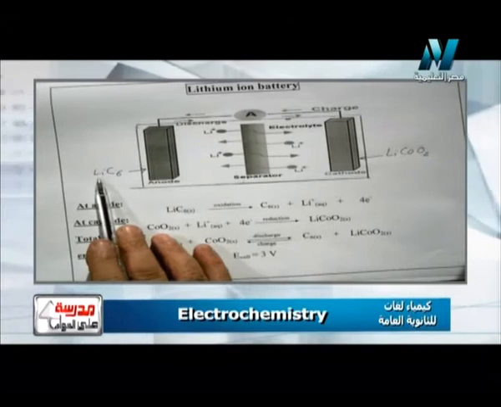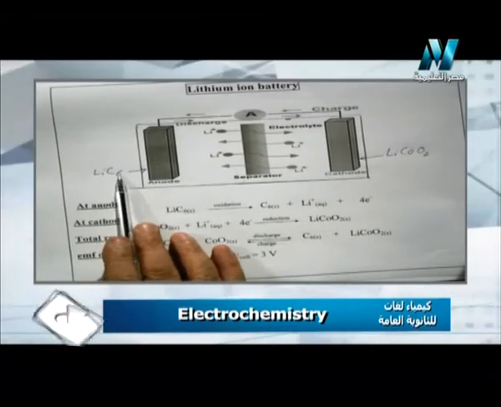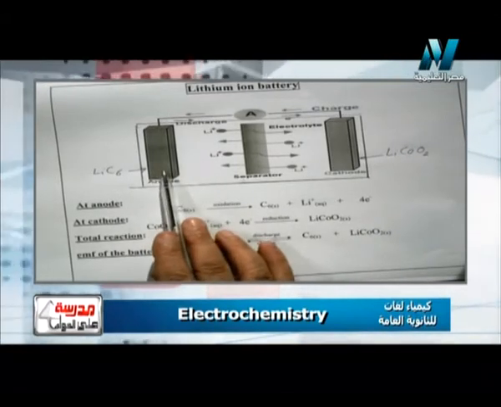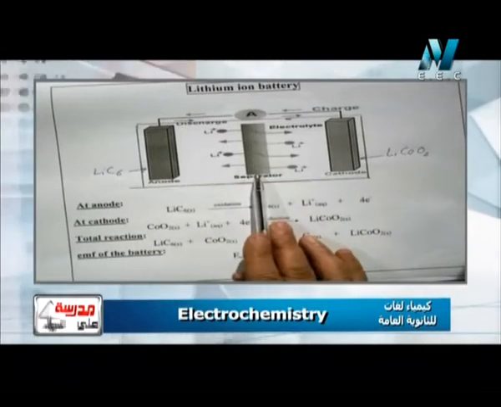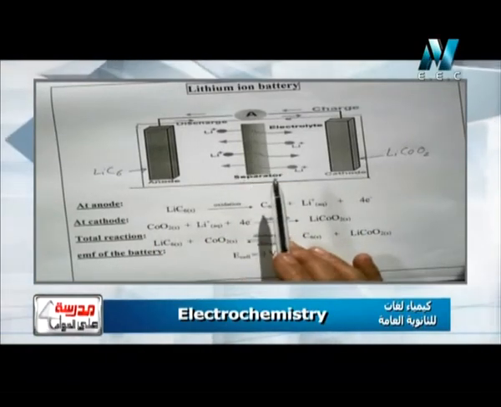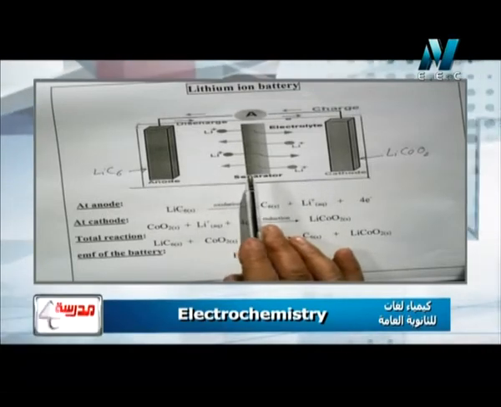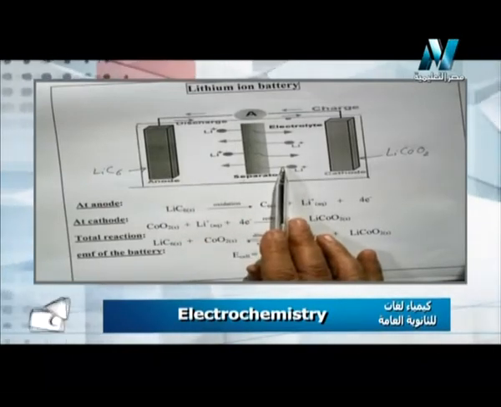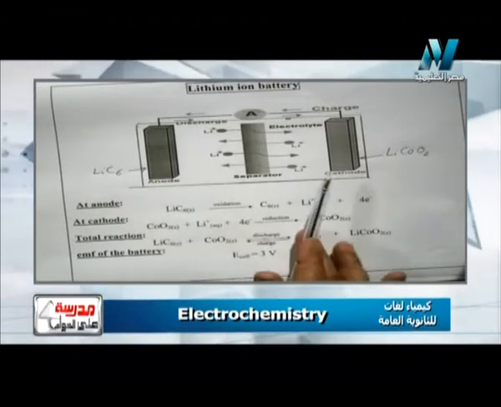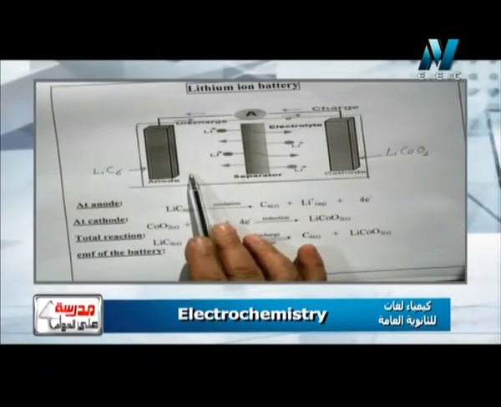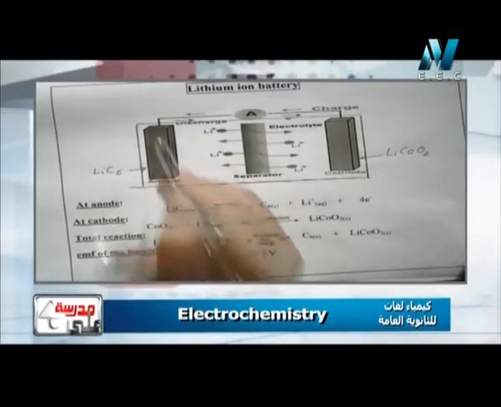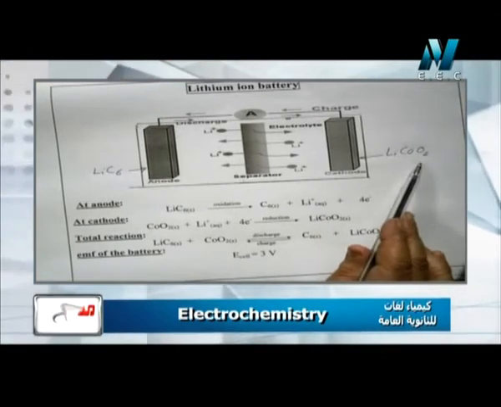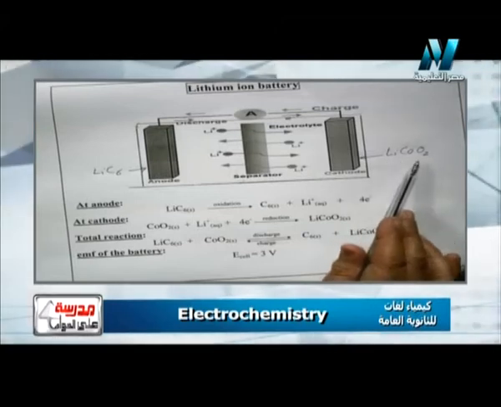Carbon here combines with lithium to be LiC6 and acts as the anode. When discharging, the lithium transfers through the separator, a substance that allows the ions to pass between the two solutions, and here the electrolyte allows the ions to pass from anode to cathode and from cathode to anode. When the lithium ion leaves its electron and transfers to the cathode, it combines with CoO2.